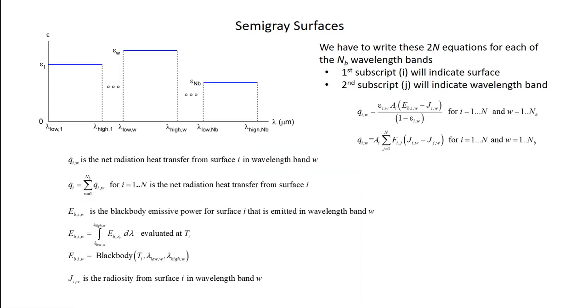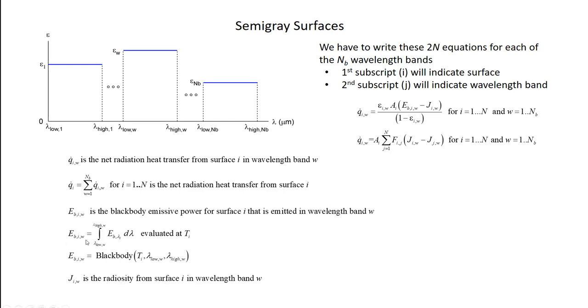Well, when I add a W now, I have to be a little careful. This is the blackbody emissive power for surface I, the part of it that occurs within wavelength band W. So if I add up all of my EBIWs over all of my wavelength bands, I better get sigma T to the fourth back. But within each wavelength band, I'm going to have a smaller amount of blackbody emissive power, right? So that's given by this equation right here.